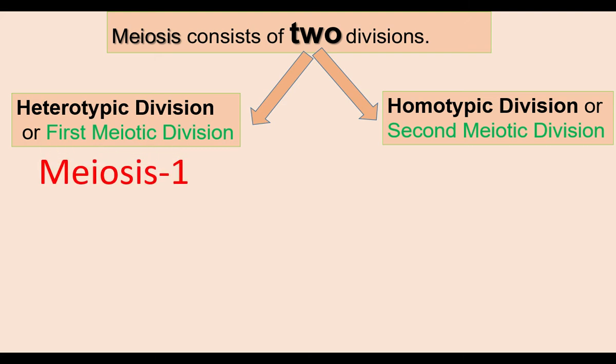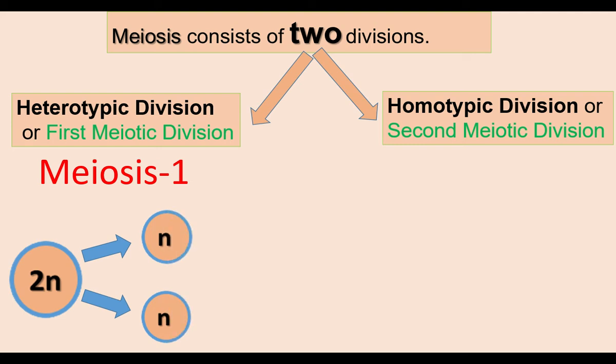In meiosis 1, the diploid parental cell divides into 2 haploid daughter cells. Here, the chromosome number of the daughter cells gets changed, so it is a heterotypic division. There is a change in the number of chromosomes between the parental cell and the daughter cells, so it is called heterotypic division.